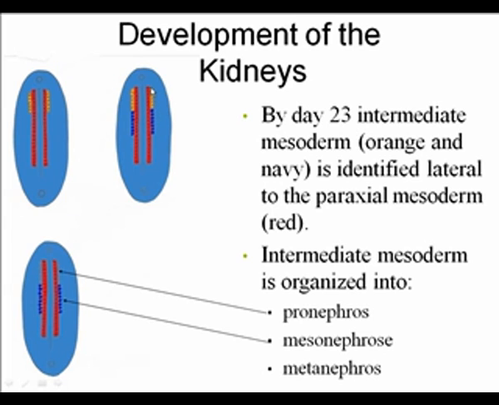The first set, the pronephros, is in orange, and then by day 23 we start to get these nephrotomes in the thoracic region, and again they're just developing structures in the intermediate mesoderm, lateral to the somite, and these structures in blue would be called the mesonephros. Finally, later in development, we'll have some more of these structures developing, and that will be the metanephros.